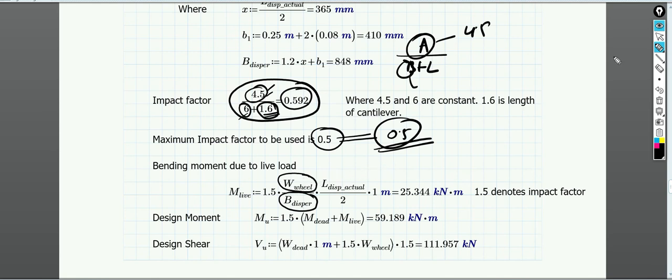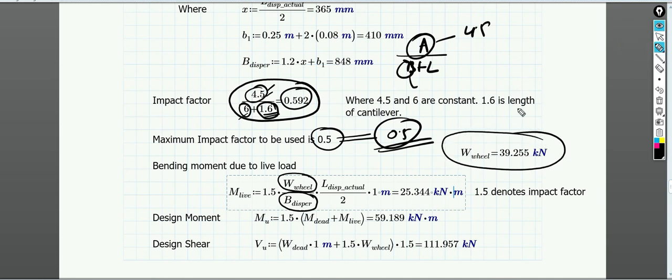You can see over here, the wheel load is 39.255, which was the total load in kilonewton, but that load is being distributed over an effective width of b dispersed. So per unit meter, that will be the wheel load divided by the dispersed width, which gives the load in kilonewton per meter.